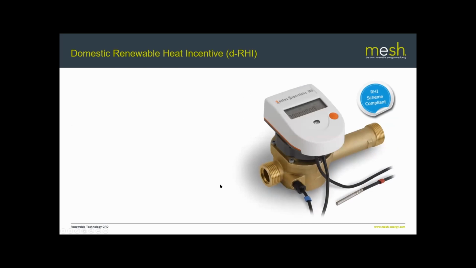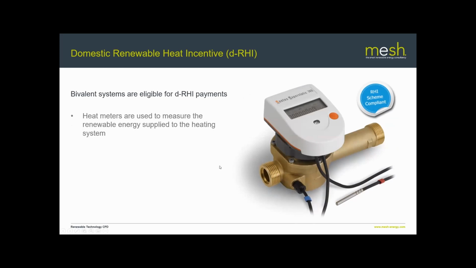But obviously, when there's a hybrid or bivalent system, you also need to know not just how much heat is going into the system in total, but how much is coming from the renewable source, i.e. the heat pump. So you will need to install some heat meters. This little box here on the right hand side is a heat meter, and they are eligible for domestic RHI payments.